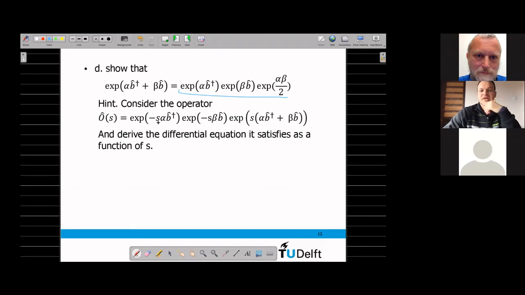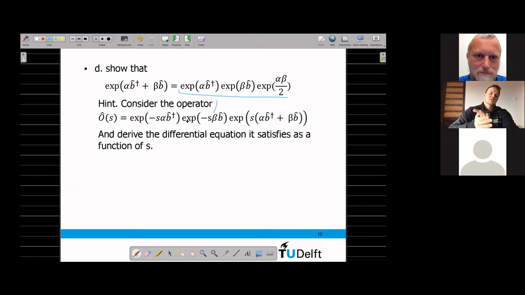So here you're given a hint to consider the following operator that depends on S. So this is S. You see that if S is equal to 1, we deduce a similar expression to the operator that's shown above.